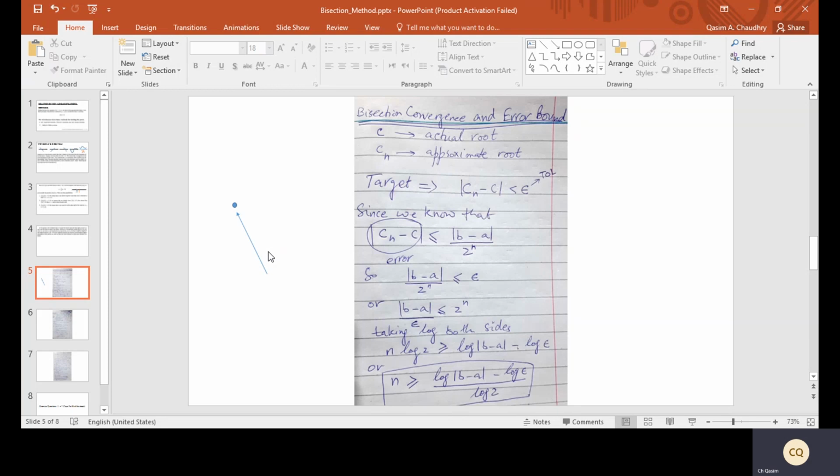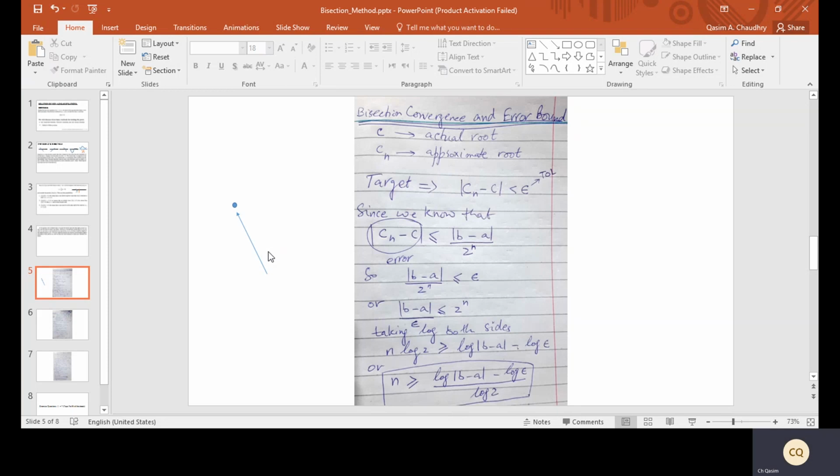Maybe even at the end of the day, you don't know the actual root because you are going to find the approximate root. But still, you have simply assumed that C is your actual root, and now you are going to find the approximate root.